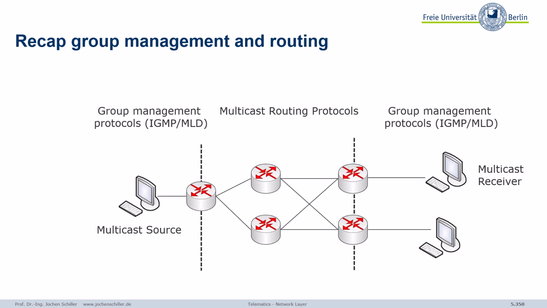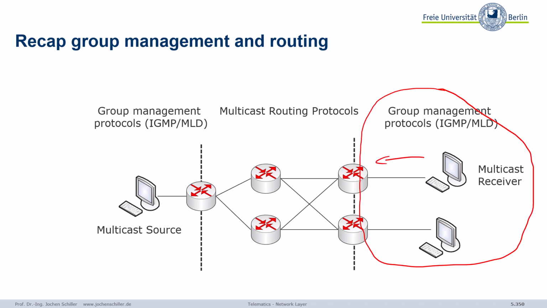So you see there are different ways of handling this, and overall, if you look at the group management, you have these different parts. The group management in your local network is handled by IGMP and MLD, where you can say, I'm interested in a multicast group. And the same is true on the side of the multicast source.